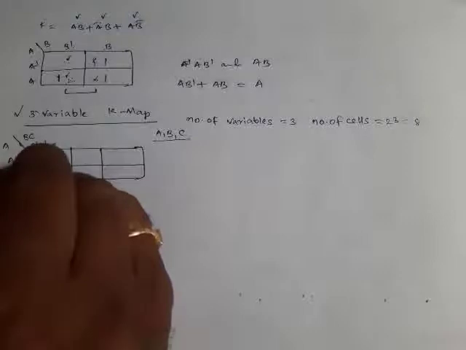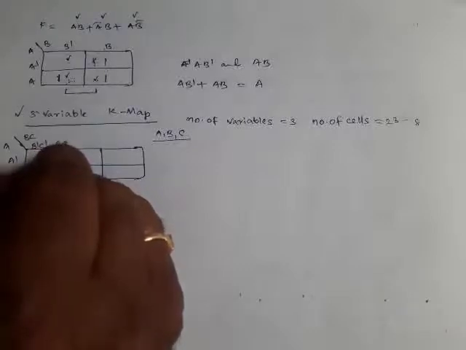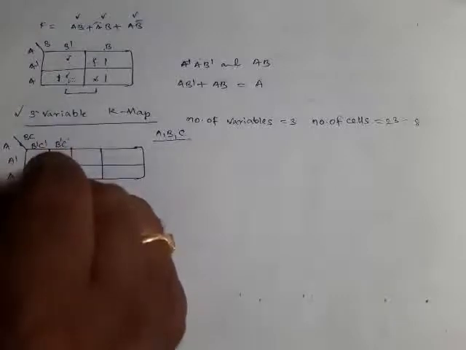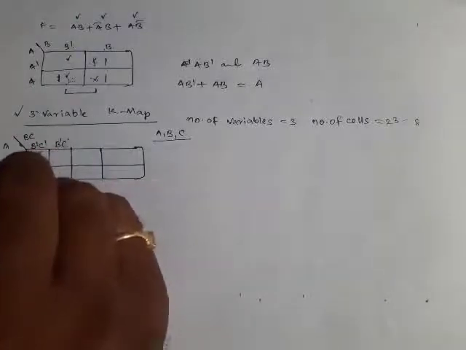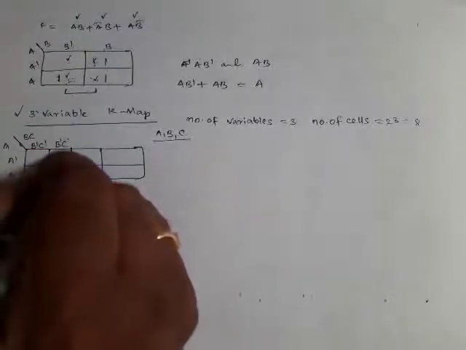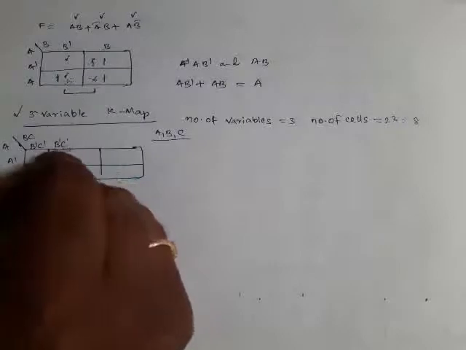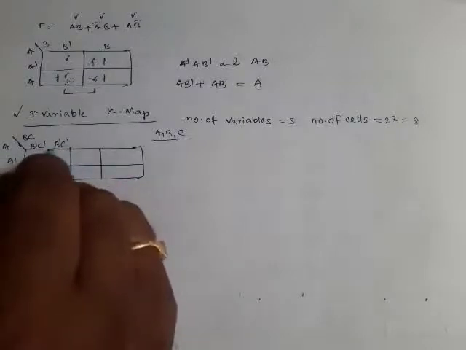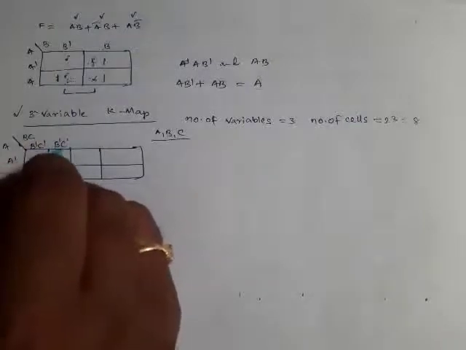The second column is represented by variables b bar, c, and you can see that when we are going from one column to the other column, only one variable has to change. And here you can see that in b bar c bar to b bar c, b bar remains the same, only c is changing.